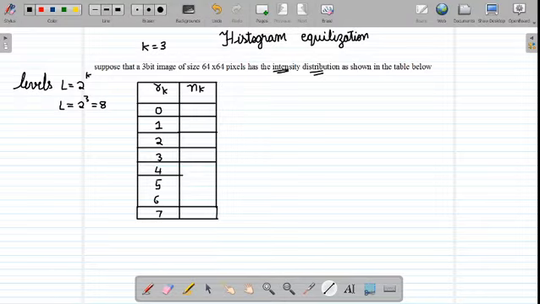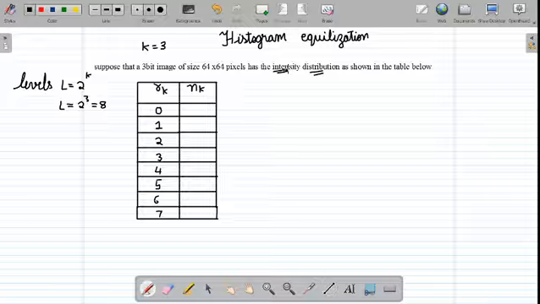Understand the logic properly. So now you have the intensity values, that is the different levels. Now we need to consider the distribution. Before considering the distribution, let us consider how many pixels there are. It is given as 64 cross 64 pixels.